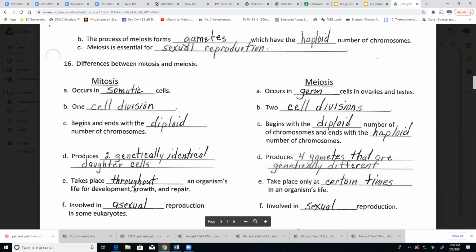And this takes place throughout an organism's lifetime for growth and repair. And for some eukaryotes that undergo asexual reproduction, they would use mitosis. So asexual means they don't reproduce using an egg and a sperm. They just reproduce by using more cells that are exactly the same.